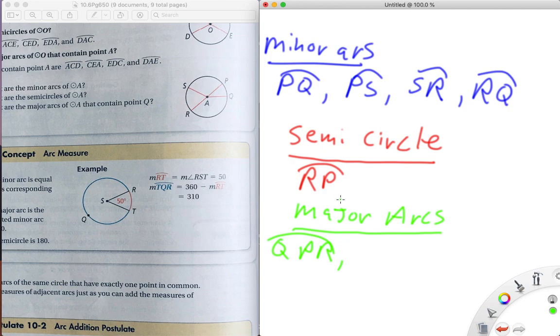SRQ is a major arc. And PRS, I would say, is a major arc. Notice that the major arcs are greater than 180 degrees, and they're 3 letters. Semicircle we can say is 2 letters. I've seen it with 3, it doesn't matter. And minor arcs are 2 letters, that we put the little curve on top.